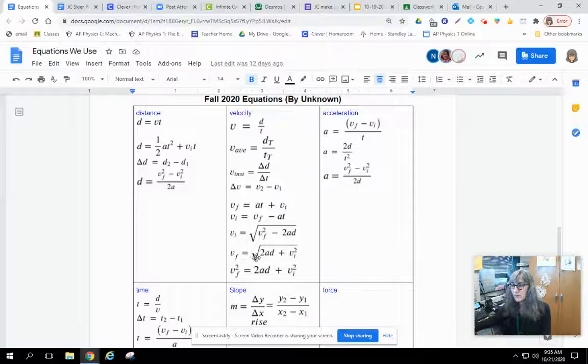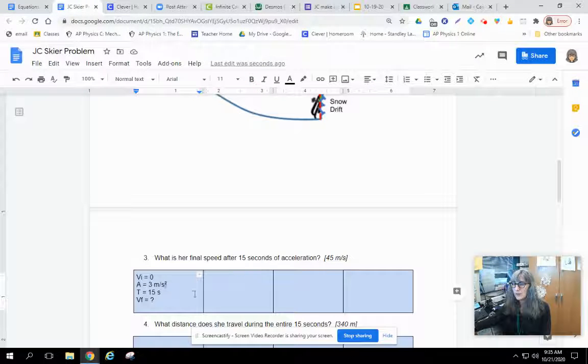And we have VF is equal to the square root of 2AD plus VI squared. I don't know D, so this equation isn't going to work because I don't have all the pieces I need in order to calculate it. But I do have A, and I have T, and I have VI. So this equation is going to be great. VF equals AT plus VI is the one that I want to use.